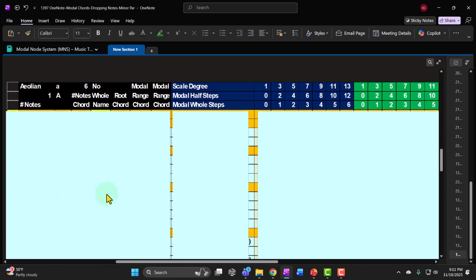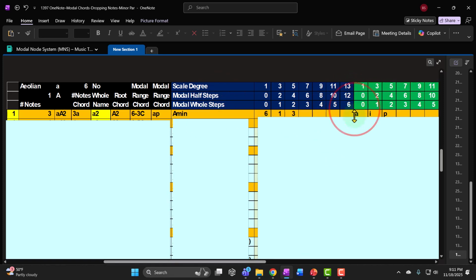We're going to continue that logic on to the minor, the main minor being the Aeolian, to start off with. Now, with the minors, it becomes a little bit more of a problem because, although you would think that the minors are equivalent to the majors under the normal naming convention, they are not. The major came first. Even the main minor, the Aeolian mode, is based off of the major.